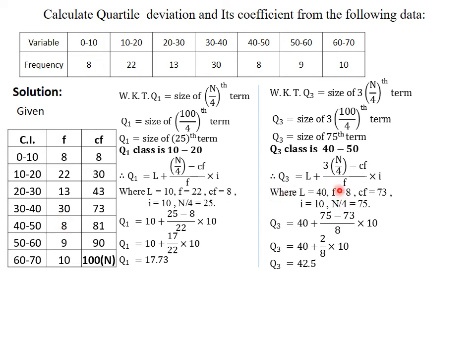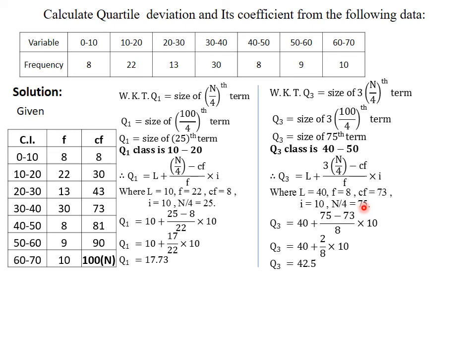So F is equal to 8. CF is equal to the preceding cumulative frequency of the Q3 class, which is 73. Then I is equal to 10, the class width of the Q3 class. Then 3 times n by 4 is equal to 75.